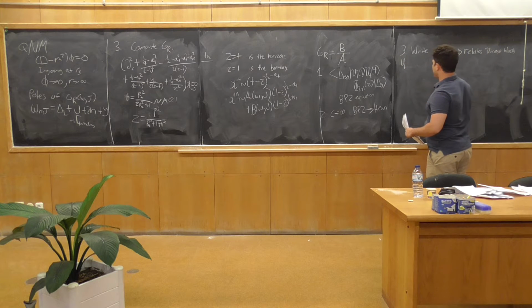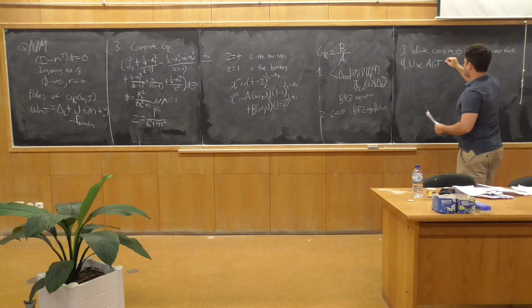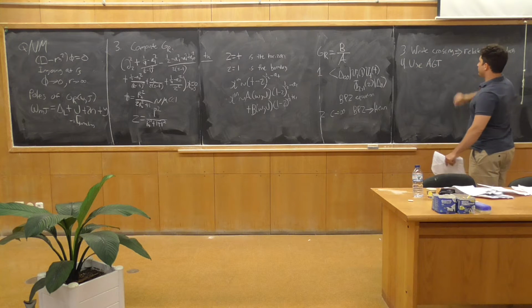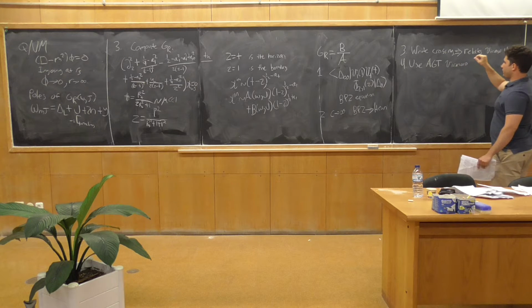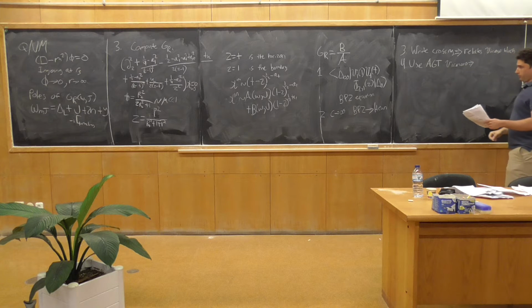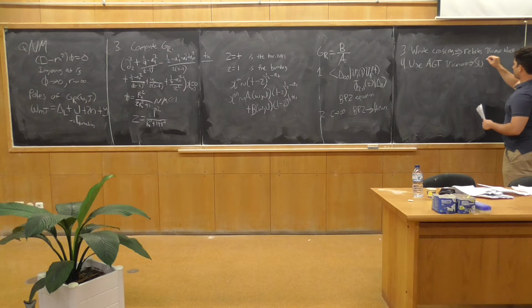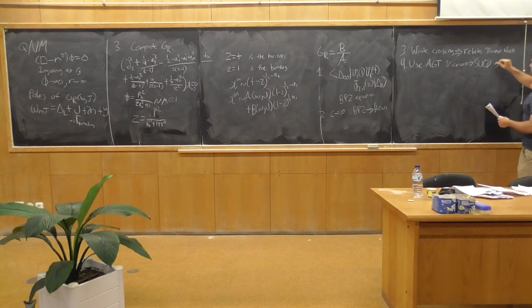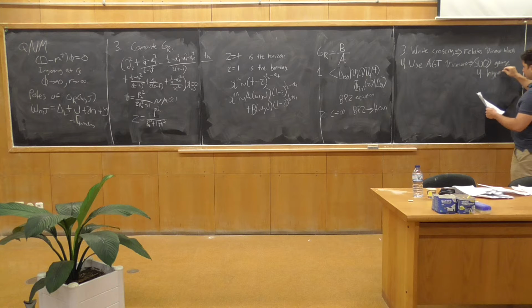Okay, step 4 is use AGT. What this does is it maps the Virasoro blocks to a supersymmetric gauge theory. In our case, we have 4 singularities, so it's going to be an SU(2) gauge theory with 4 hypers in the fundamental.